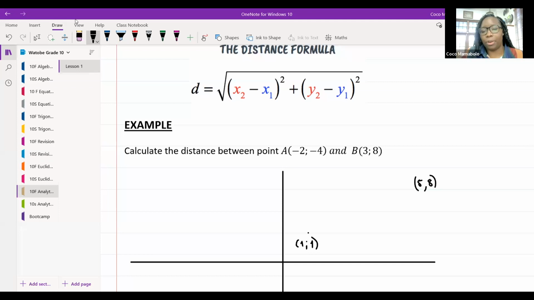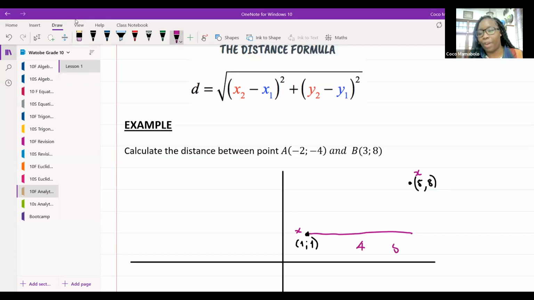Okay, now if we're looking at our dot for 1, 1 and our dot for 5, 8 over there, I know that to get from 1 over here to 5 is the same as if I said, because this is my x coordinate and this is my x coordinate, I can use the idea that if I move from here to right underneath this, this is 4 units.